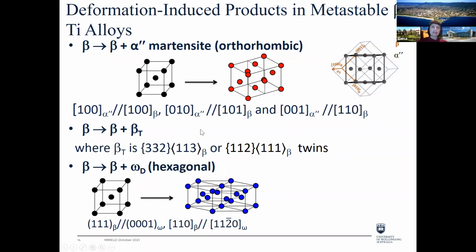And if in steels we have only one type of twins commonly forming, here we have two systems, 332-113 or 112-111, that could form. Also, in steels we have epsilon martensite as an additional phase transformation forming. In titanium alloys, we have deformation-induced omega phase that could form.